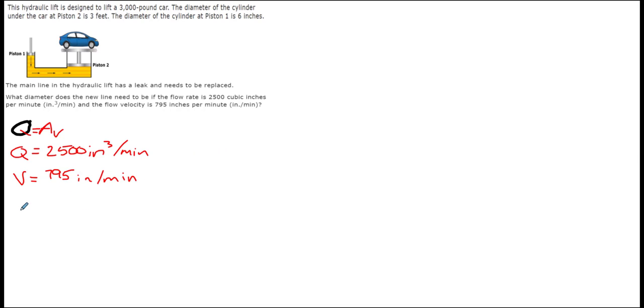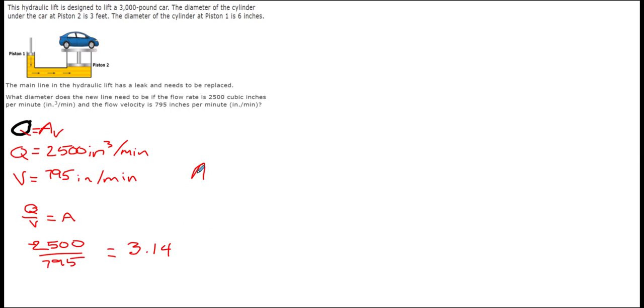Okay. So to find the area, we're just going to do Q divided by V equals A, and in this case that's 2,500 divided by 795. And that should give us an area of 3.14.